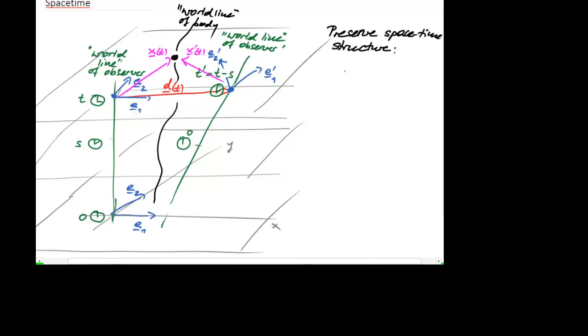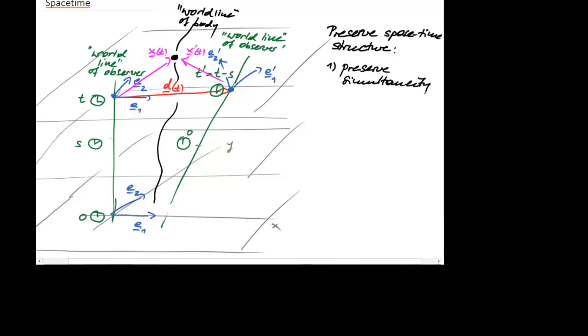What does that mean? First of all, I would like to preserve the notion of simultaneity, so that when I see two events in my reference frame which happen at the same time, my colleague who uses a different reference frame at least also sees these two events as simultaneous.